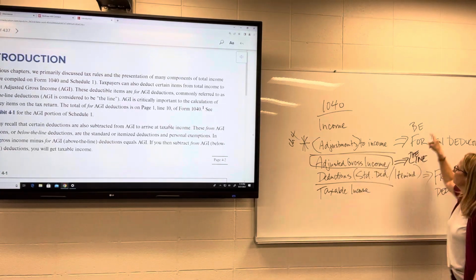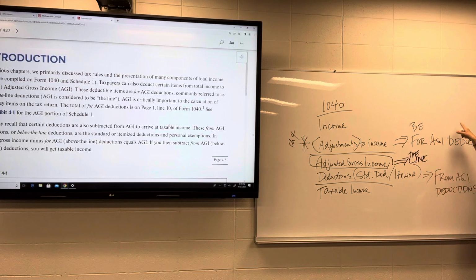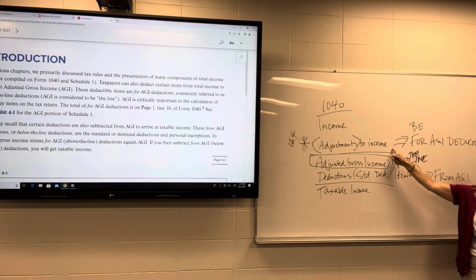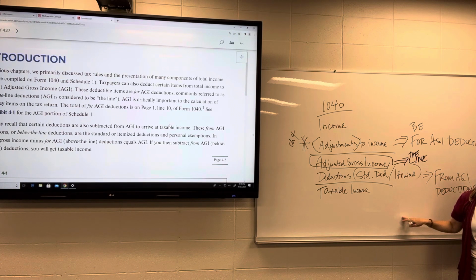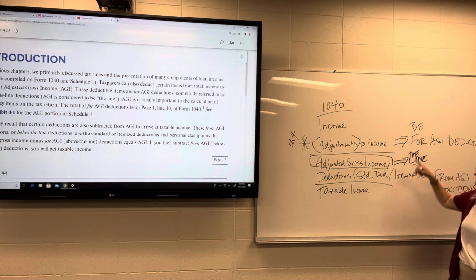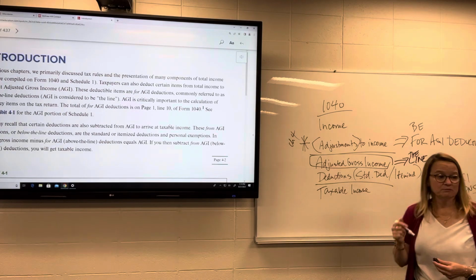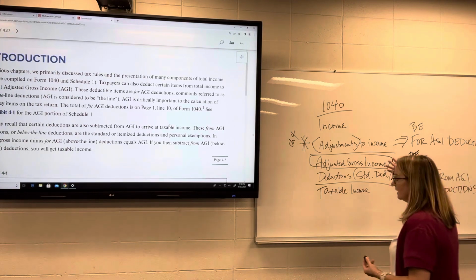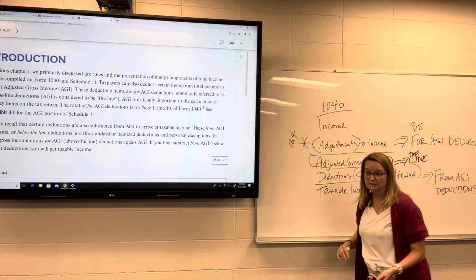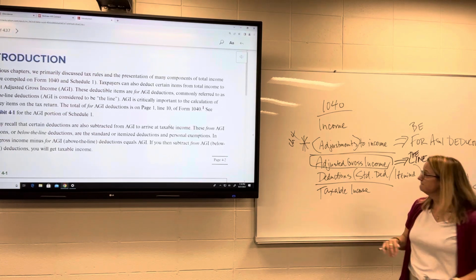So, above the line deductions are those adjustments to income that come before. Below the line deductions are those that come after AGI. Above the line deductions can be more valuable because, like I said, it's also going to affect other credits and deductions elsewhere on the tax return, right?